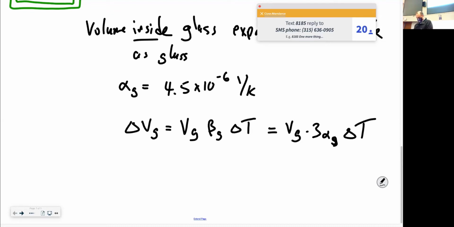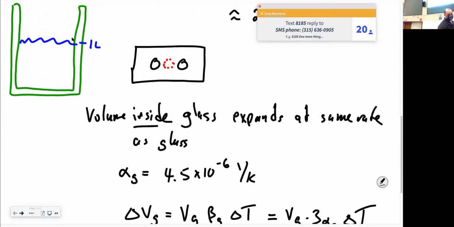Okay, we know all those things. What is the volume? Again, we're thinking about the volume inside the glass cylinder. What is the volume inside the glass cylinder? Yeah, kind of. It kind of would be 1 liter, but I don't want you to get hung up on one thing. It's possible that this glass was bigger than 1 liter. In fact, it's probable that 1 liter was just one marking on the side of the glass.